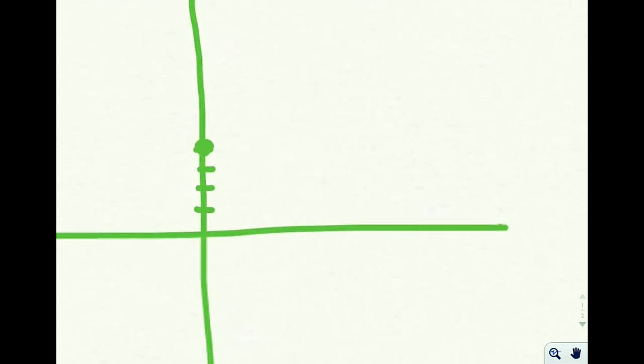So I'm going to go up 2 and over 3 for my second point. And in the same token, I can go down 2 and over 3. So if I continued my line this way, it would look something like this.